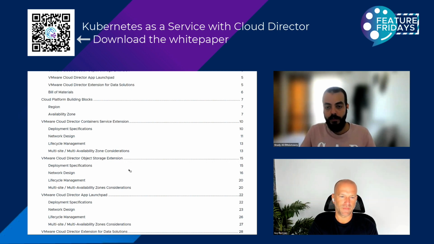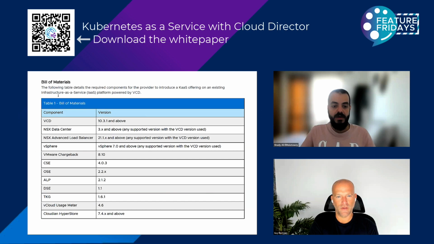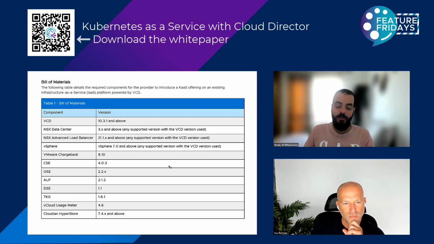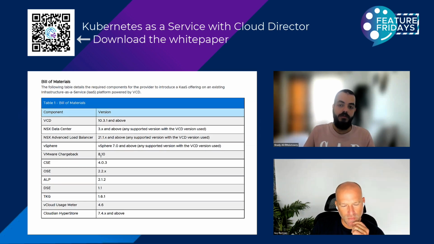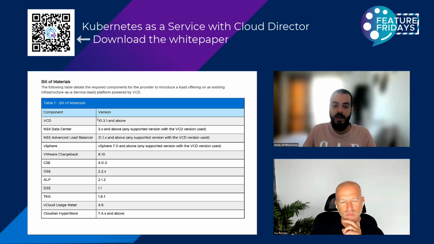Right, got it. So here is the bill of materials that we assume our provider would use. Unfortunately, I couldn't make it open to every other version, because some features used in this document are tied to specific versions of the products. But as much as possible, I tried to make it as wide as possible.